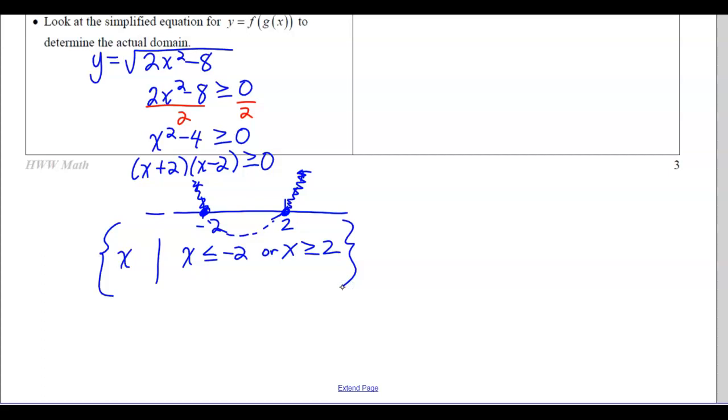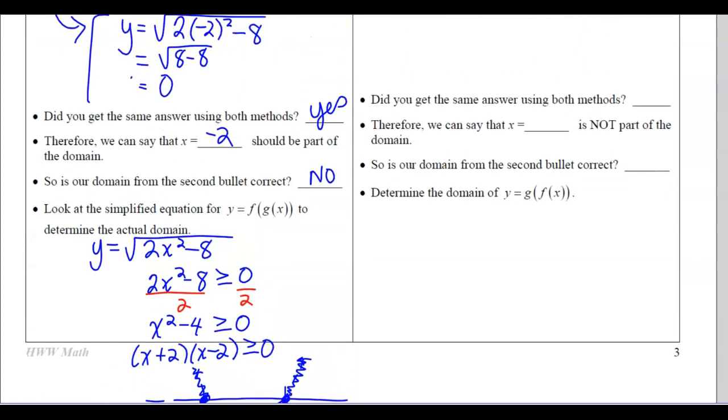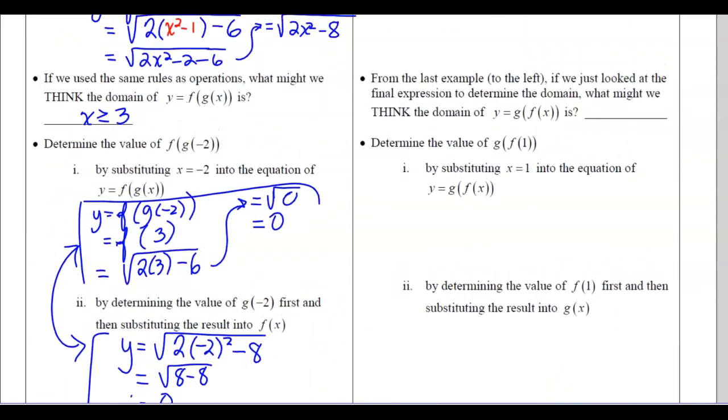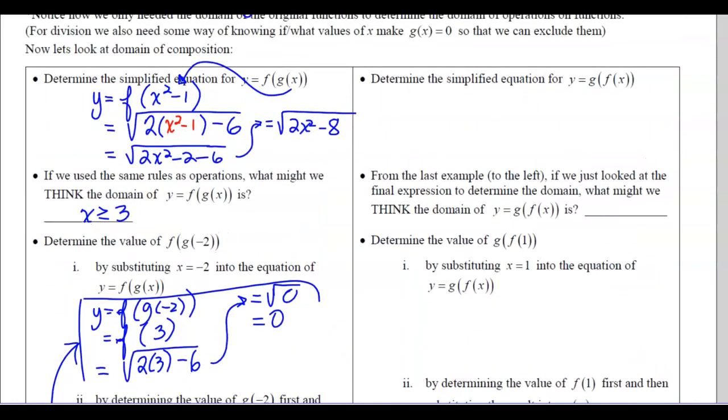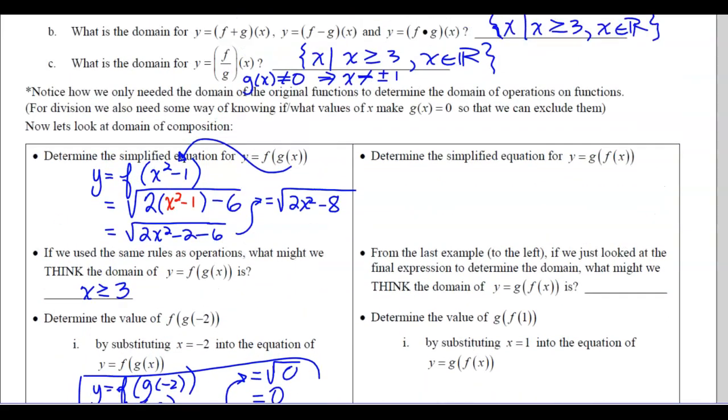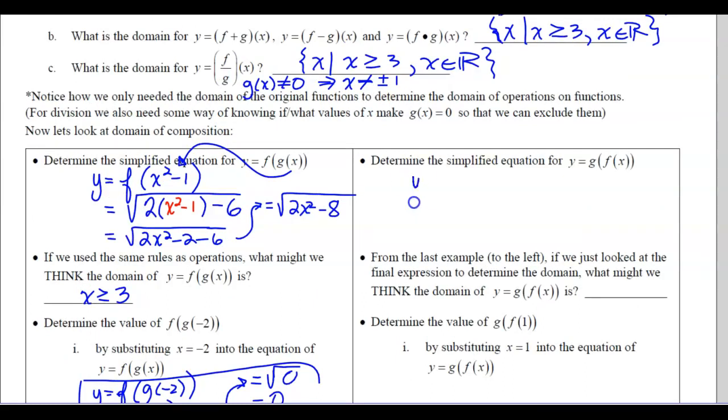So the actual domain, we had to look at the final version. Let's take a look at composition of g of f of x. It's going to be a different function. Okay, so g of f of x. Well, f is the root of 2x minus 6.